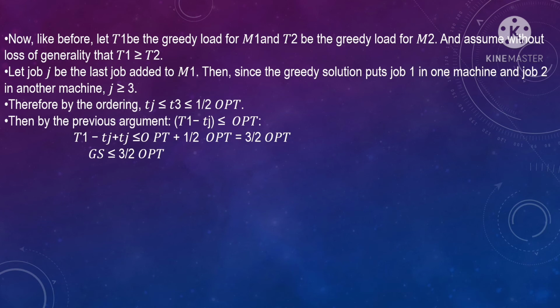Then, by the previous argument, C1 minus Tj plus Tj is less than or equal to OPT plus 1/2 OPT, which equals 3/2 OPT.